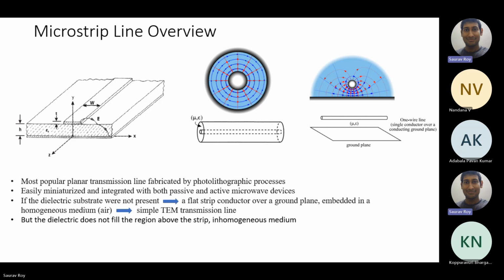Now what would be the field diagram? That is what is shown in the picture, the electric and magnetic fields. The red lines are the electric field, and the blue lines are the magnetic field. Why is the electric field like that?